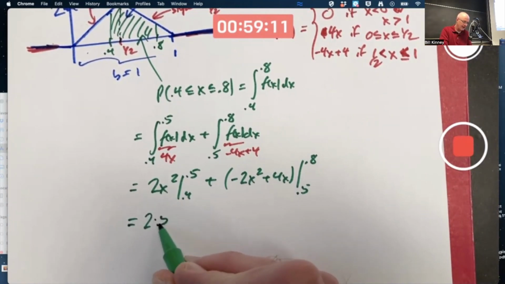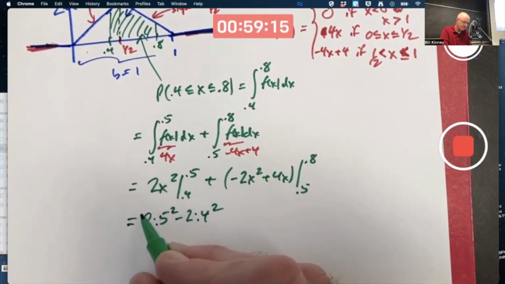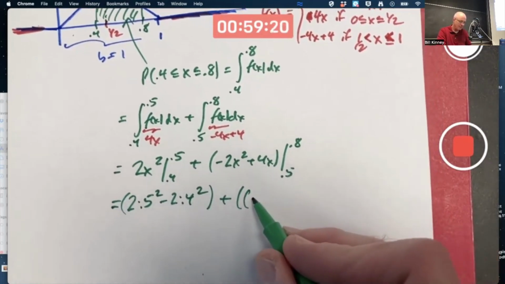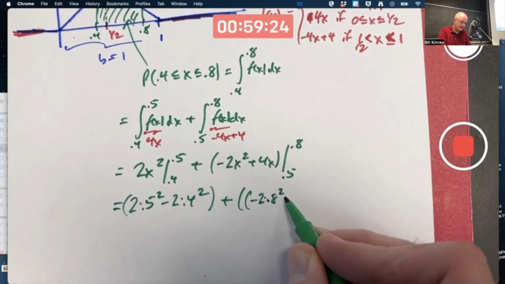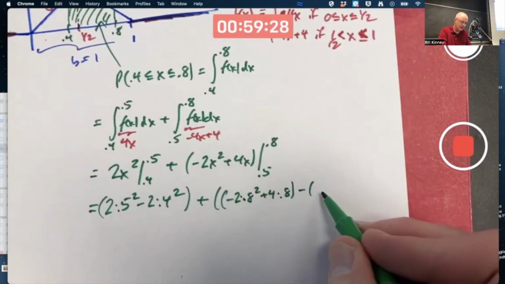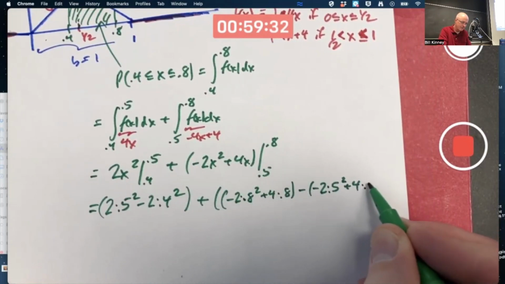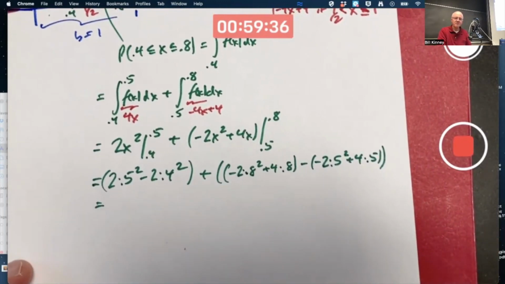Plug in 0.5 here, subtract what you get when you plug in 0.4. With the next one, I've got to plug in 0.8 and subtract what I get when I plug in 0.5. So this is getting kind of complicated. I think I can do it right here.